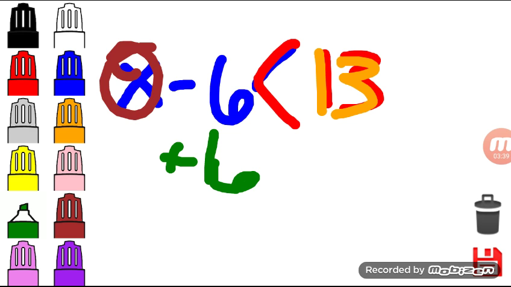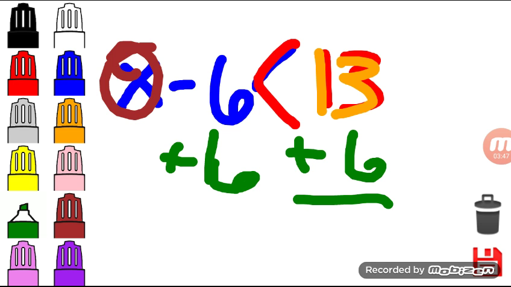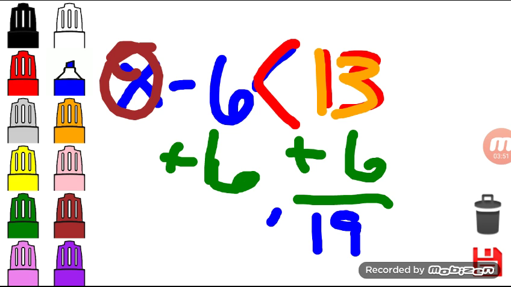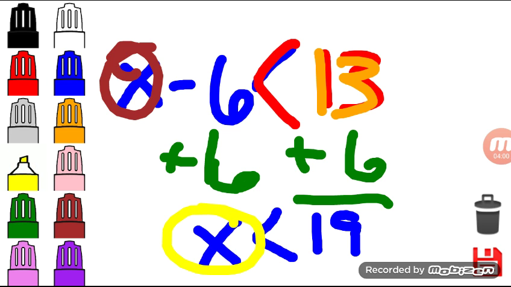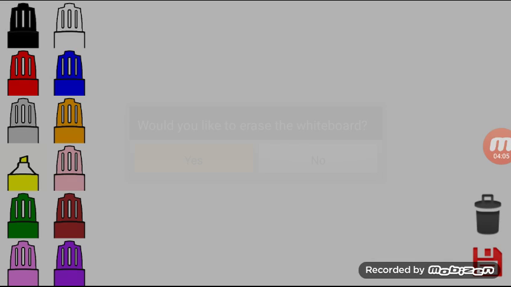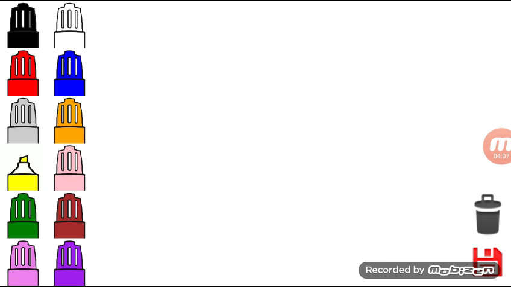Okay, and then we have to add 6 to this one. So that'd give us 19, x is less than 19. And then we have the x all by itself now. So that is our equation. That's how you solve a subtraction equation or inequality.